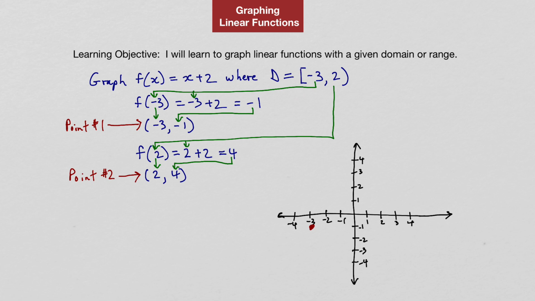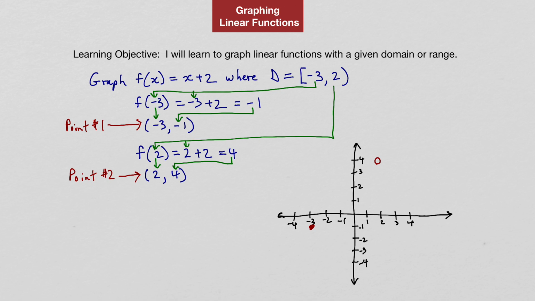Okay, and then the next point will be 2, comma, 4, and that is going to go right here as an open circle, and that is because it is followed by a parenthesis.